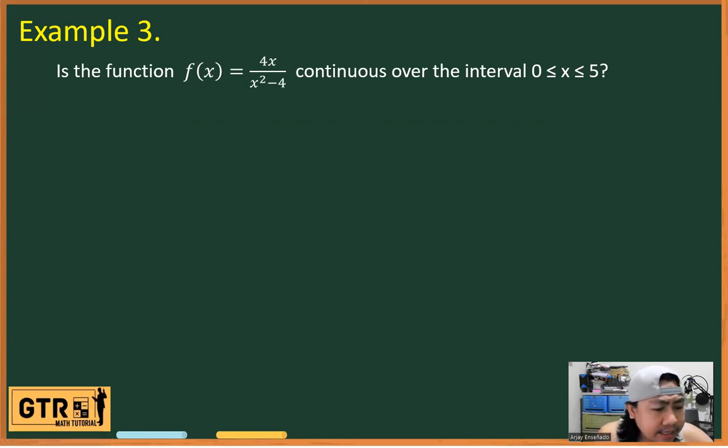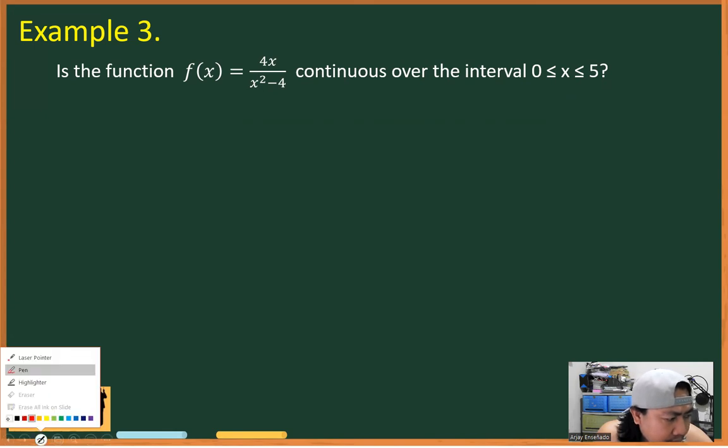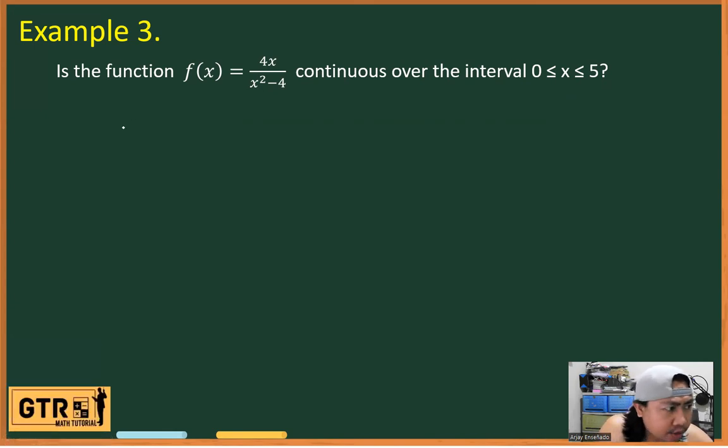So if the given is just an equation, ayan, we have a rational function. If the given is a rational function, we can solve the discontinuity by solving the zeros of our denominator. Because a number divided by 0 will give us undefined.